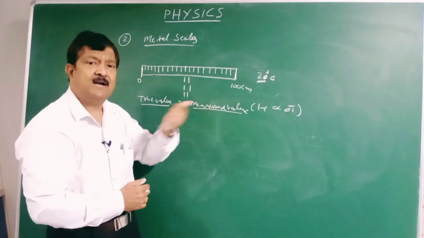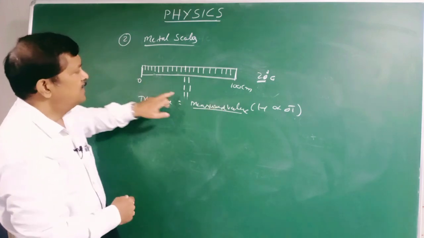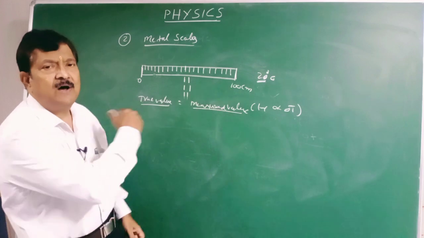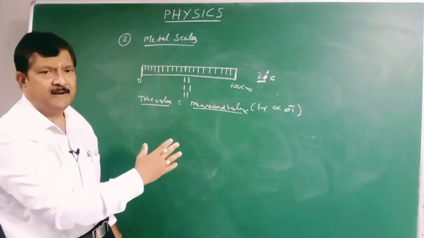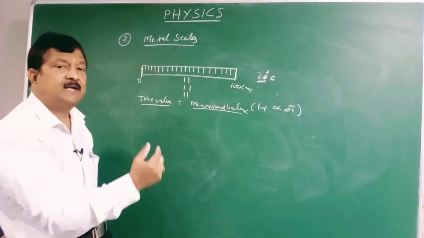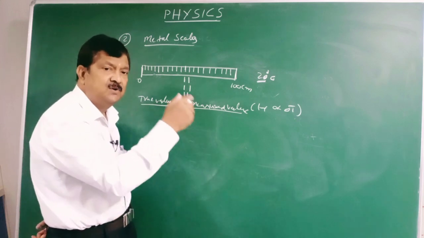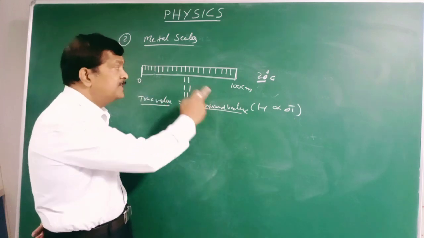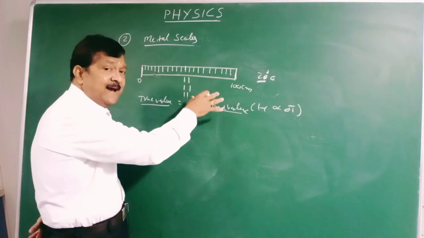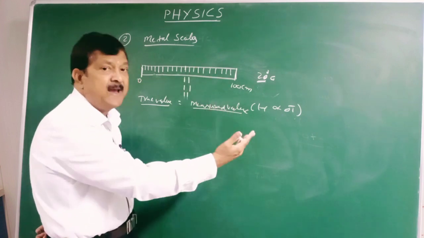Practically it always shows 100 only. This end will always be 0. This end will always be 100. So it always gives the same reading, 100 centimeter. But practically we know it is contracted by 1 centimeter. Its original length is only 99. So from the reading that you are getting as a measured value, subtract the contraction.